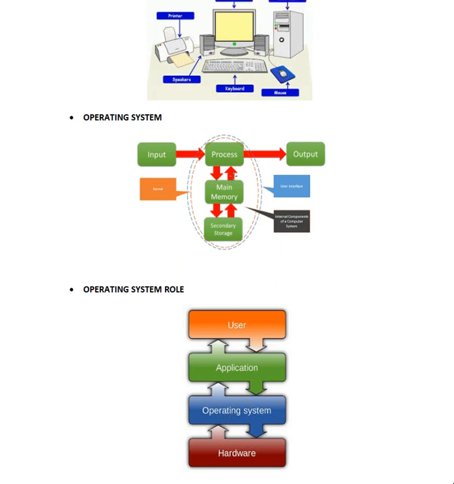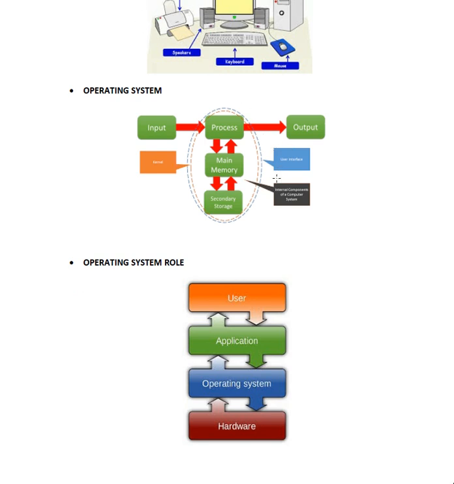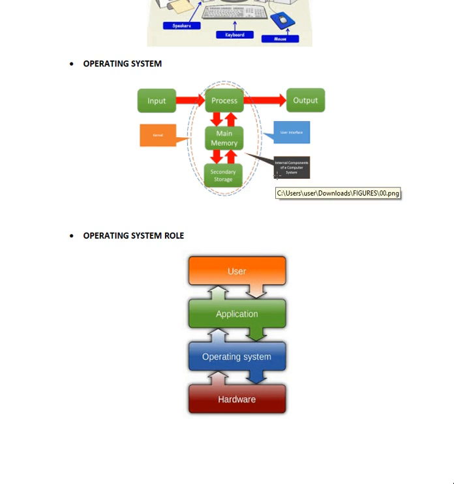There is a processor, as I told you, there is a memory, and there are so many file systems and so many input output devices, as you have seen. All these things are handled by the operating system. So that's why the role of the operating system is to supervise all these things. That's why it acts as a manager, or in simple words, it's an interface between the user and the machine.